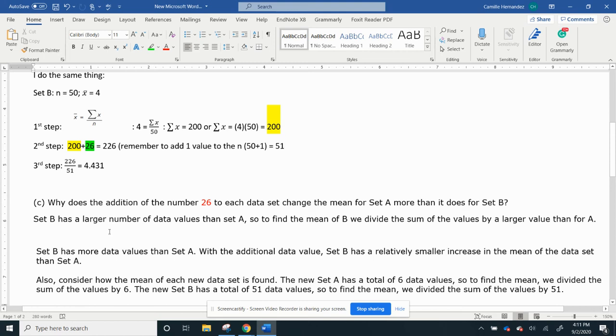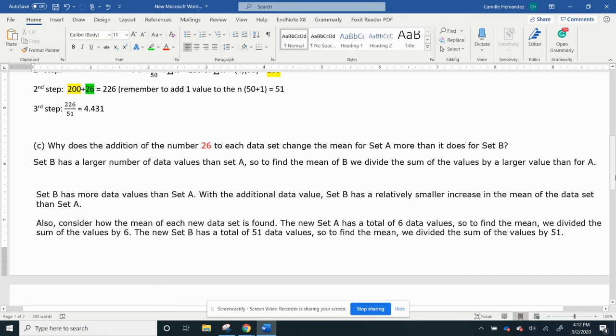Set B has a larger number of data values than set A. So to find the mean of B, we divide the sum of the values by a larger value than A. Set B has more data values than set A. When we add an additional data value, set B has a relatively small increase in the mean than set A. Set B is not affected as much as set A because set B has a larger sample size.